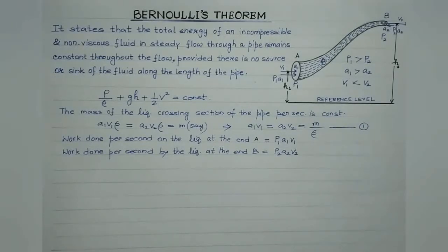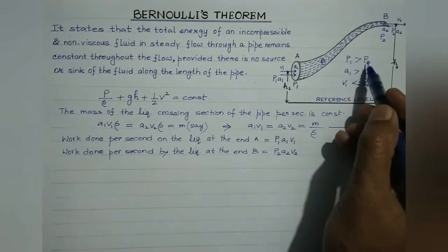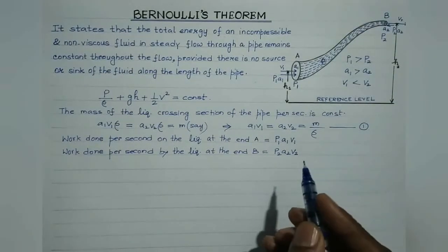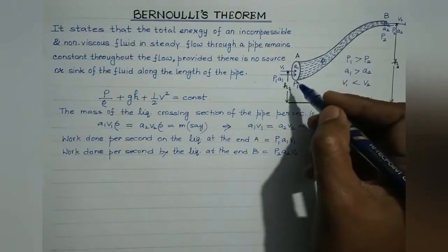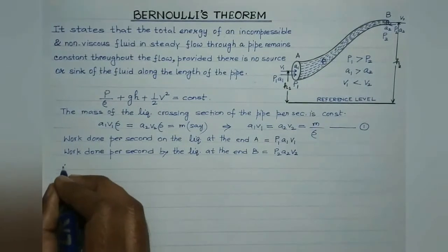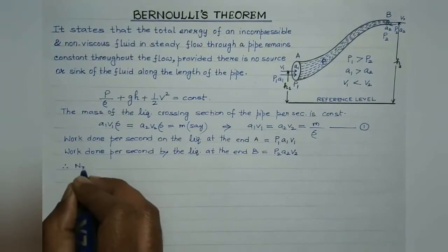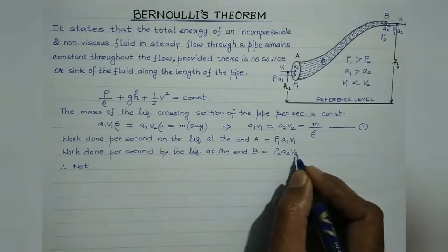Clear? Now, as I have told you, P1 is greater than P2. Therefore, net work is done by the pressure energy in moving the liquid from A to B in 1 second. So the net amount of work done, P1 A1 V1 is greater than P2 A2 V2.